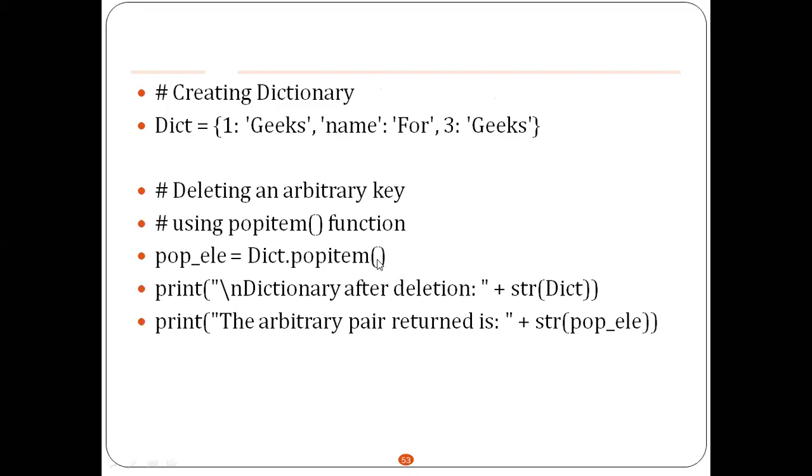This is how we can delete an element, a key and value pair, by using popitem, right? Pop actually removes an arbitrary key and value pair from the dictionary, and we don't know which element will be deleted. But one item will be deleted from the dictionary, and it returns the key value pair that actually got deleted.